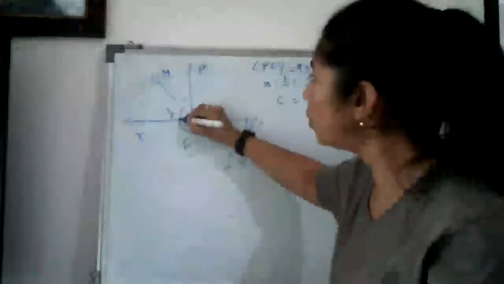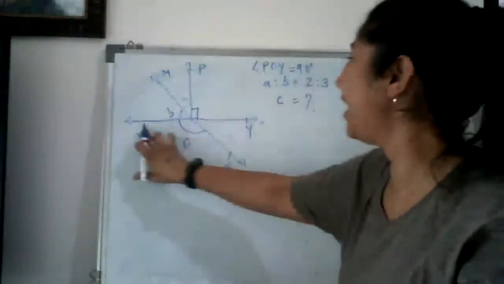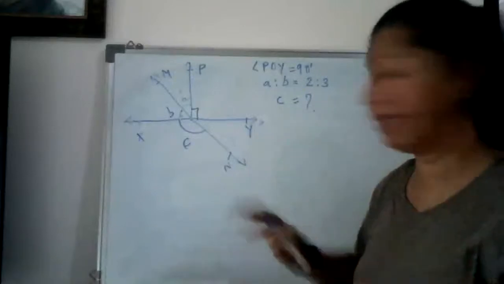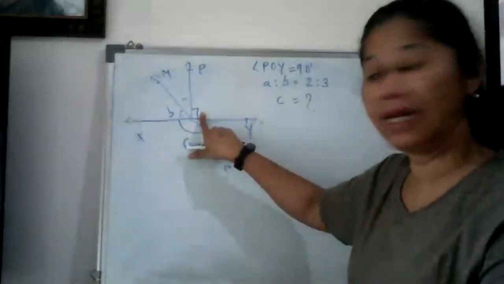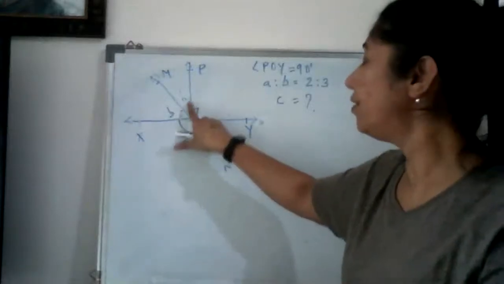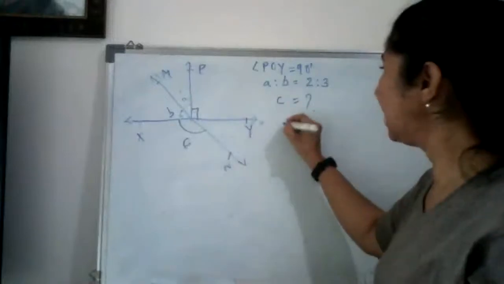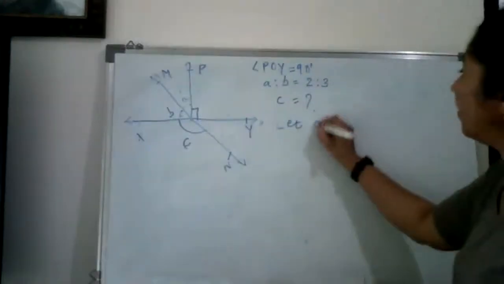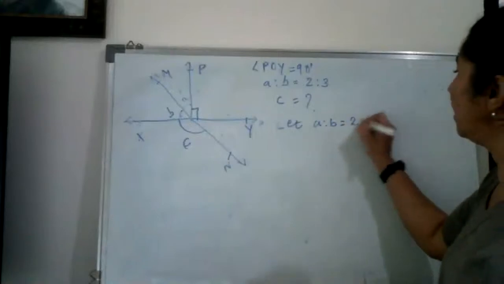Now, what are we given? Okay, तो हमें जो दिया है ratio. Now you know that XY is a straight angle, that is 180 degree. और यहाँ पे ये 90. So naturally यहाँ पे भी 90 होगा, isn't it? And you're given the ratio. So we can say that let A is to B is given as 2 is to 3. It's given to us.